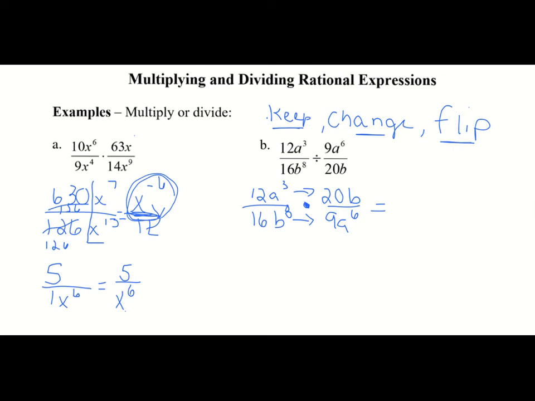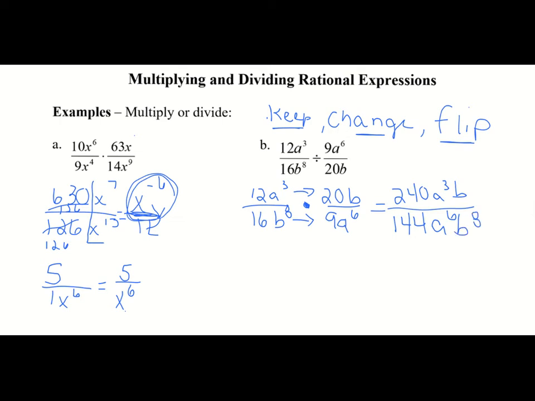So 12 times 20 is 240, and we'll have a cubed b. On the bottom, 16 times 9 is 144, and it will be a to the 6th. I'm going to keep a and b in the same order. And b to the 8th.